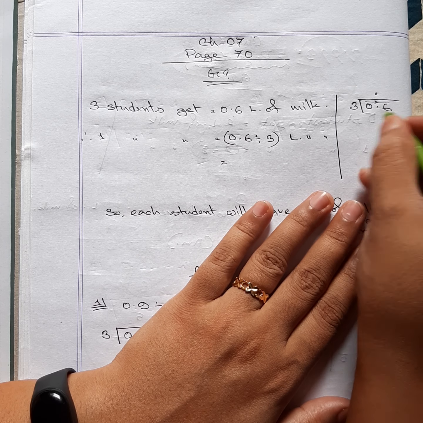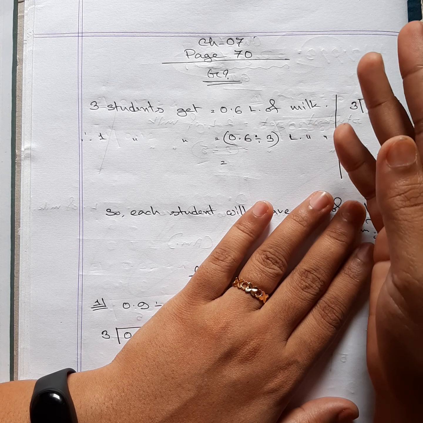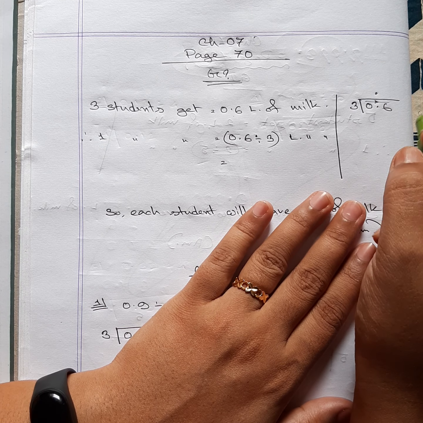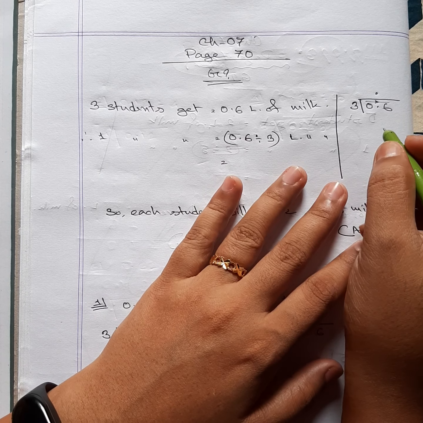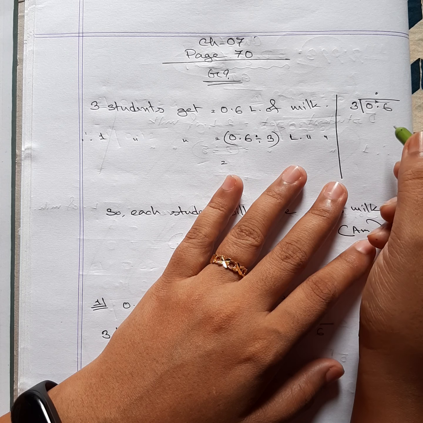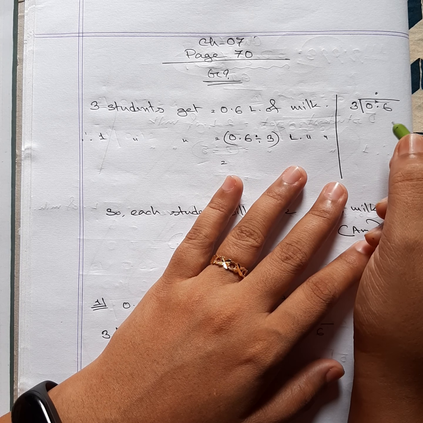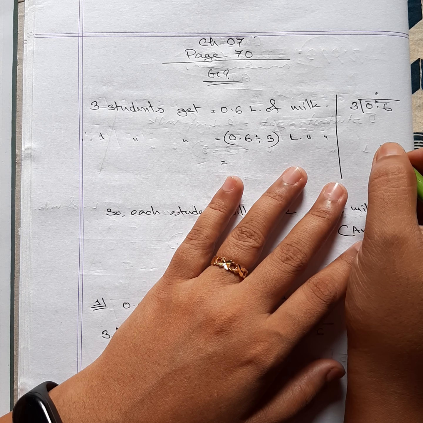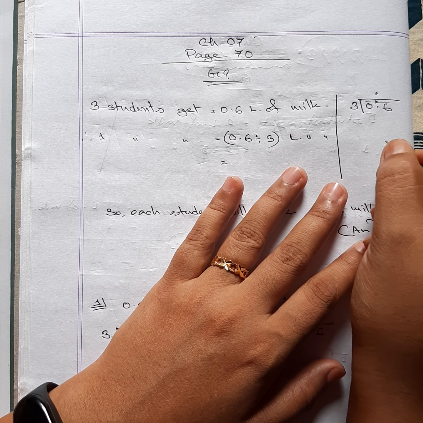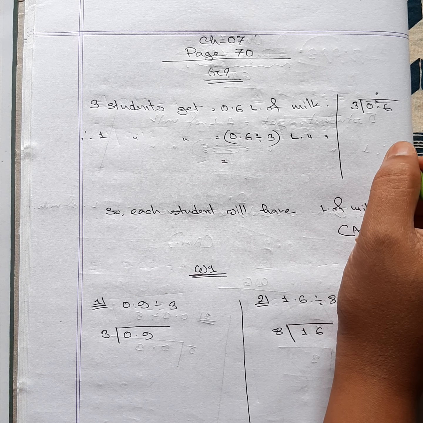I have found there are different ways to do division for decimals, but I have chosen this one to introduce to you, because this one should be pretty easy for you guys.